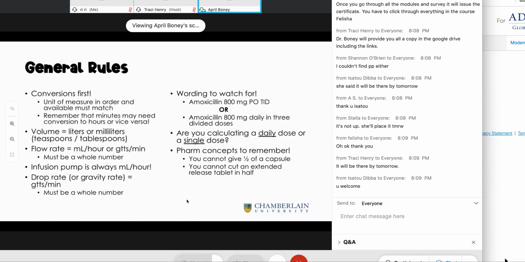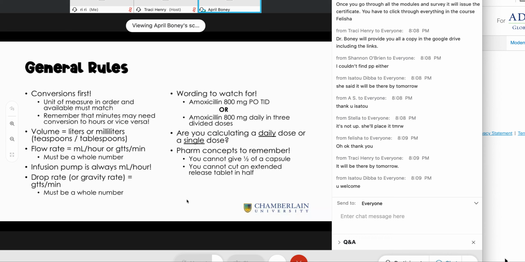Watch for your wording. Sometimes your order will be a daily dose, but what you want to administer is per dose. So really pay attention to that. Amoxicillin 800 milligrams PO TID is a very different order than amoxicillin 800 milligrams daily in 3 divided doses.